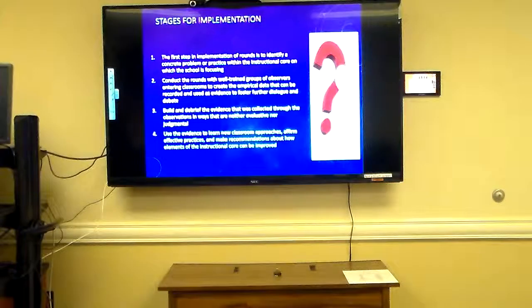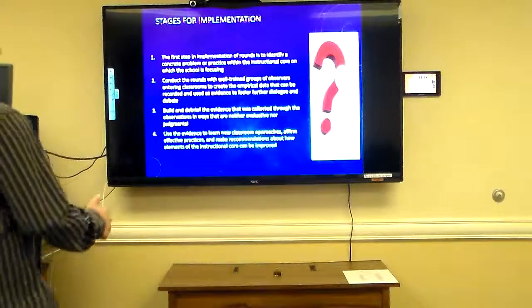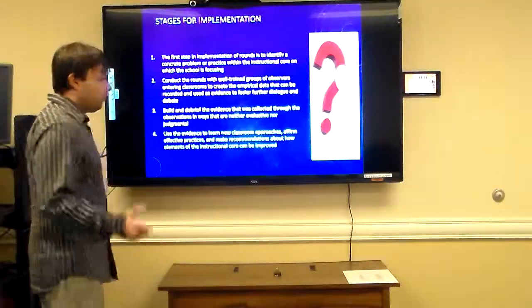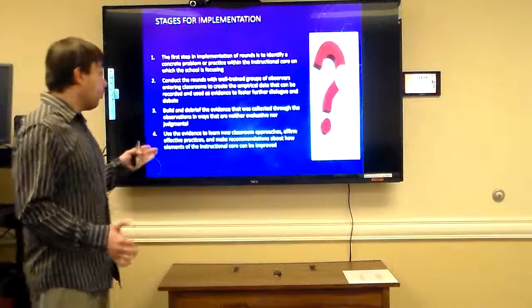They'll look at ways that are neither evaluative nor judgmental, basically because they're going to look at a million different people. You're going to do this with a mass group of teachers, but you're not going to say teacher A did so-and-so right, teacher B did so-and-so wrong, teacher C did part right, part wrong.